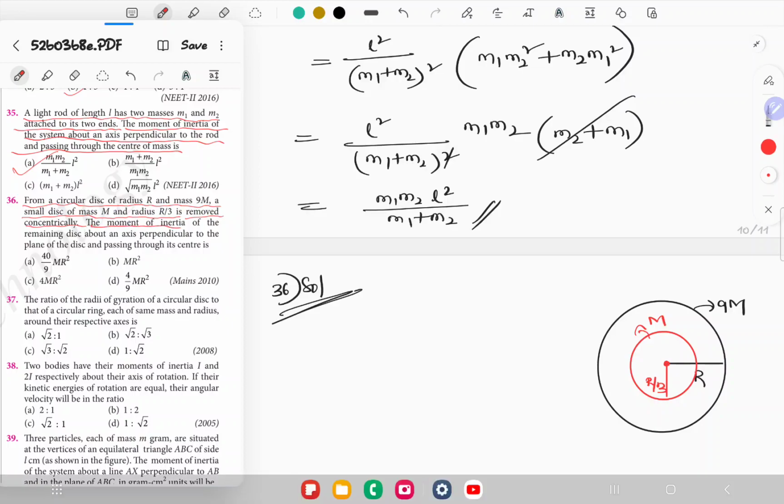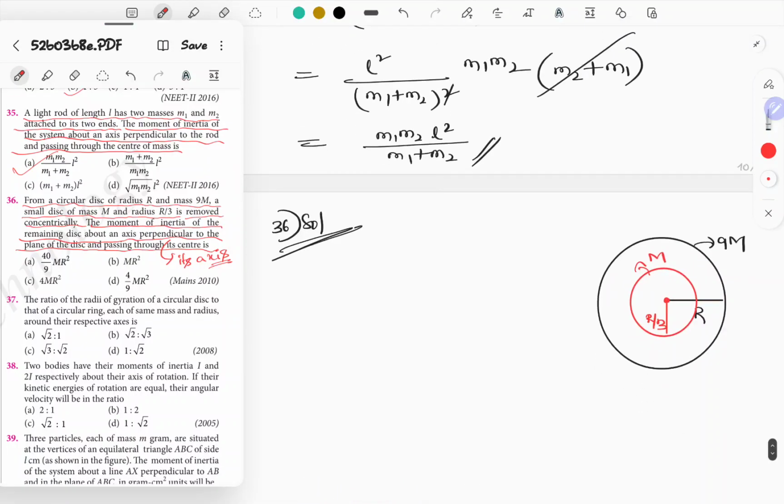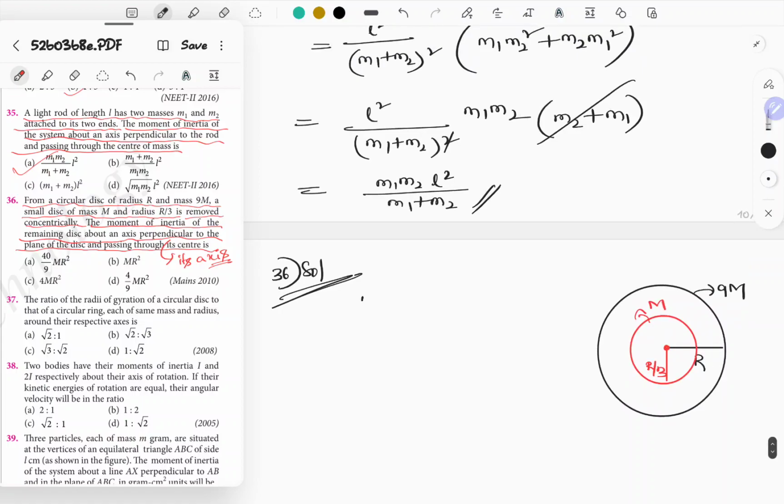We need the moment of inertia of the remaining disc about an axis perpendicular to the plane of the disc and passing through the center of mass. This is nothing but its axis. We already told you the meaning of its axis: the axis passes through the center of mass and is perpendicular to the plane. Let me find the moment of inertia before removing the small disc. For a disc, the moment of inertia is MR square by 2.